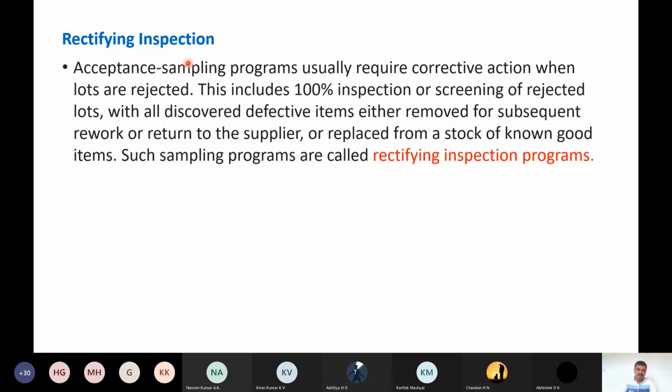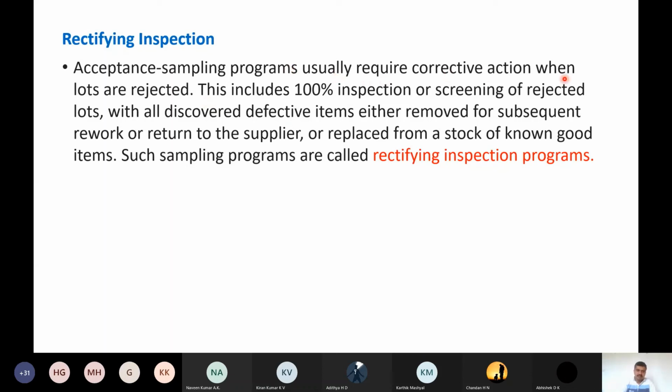Acceptance sampling programs usually require corrective action when lots are rejected. We know the probability of acceptance and rejection, so we are discussing from the beginning of this module. A few lots will be rejected anyhow. So acceptance sampling programs usually require corrective action when lots are rejected.